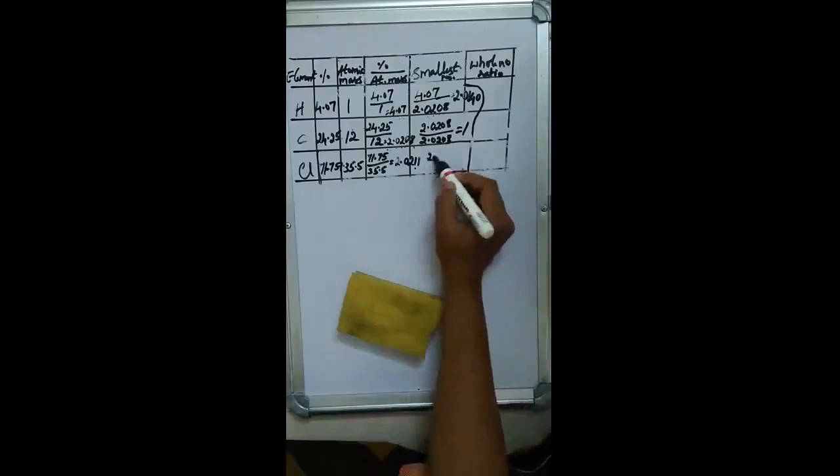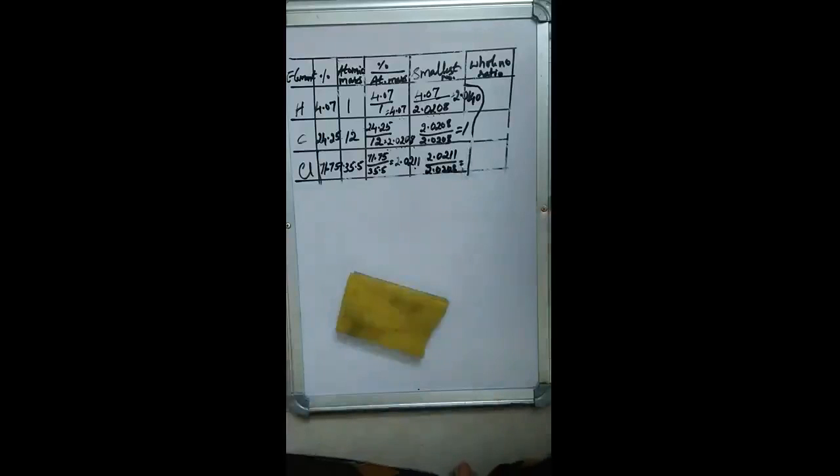Here, third, 2.0211. What is the smallest number? 2.0208. What is the answer you will get? Of course, since it is the same, your answer is in the form of 1 only. Calculate and write down the answer.